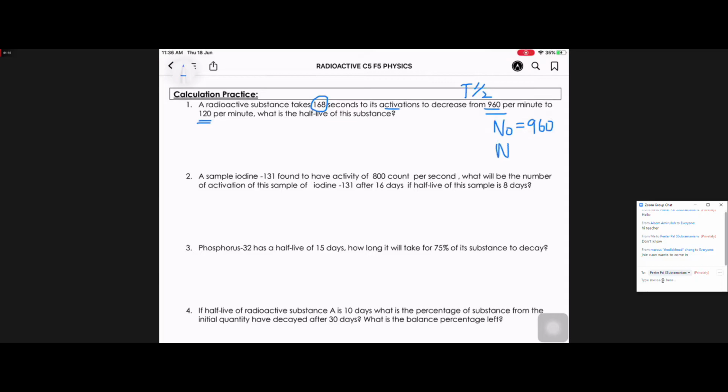The remaining balance is 120. So 120 equals 1 over 2 power n times 960. You'll get 2 to the power of n equals 960 divided by 120, which is 8. So n is equal to 3.